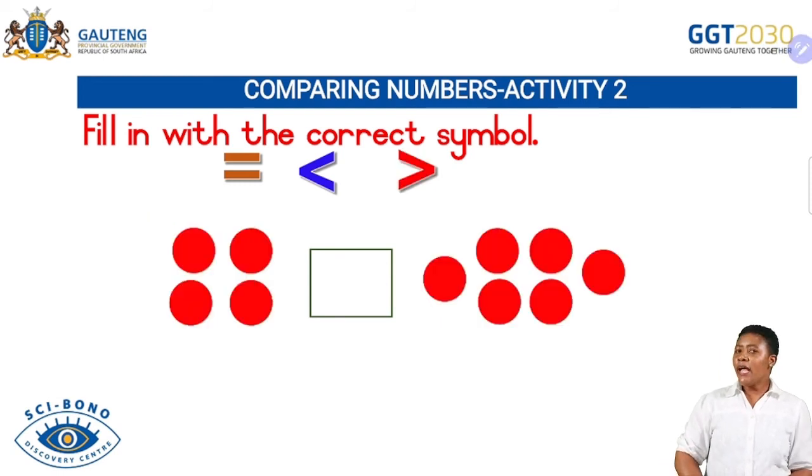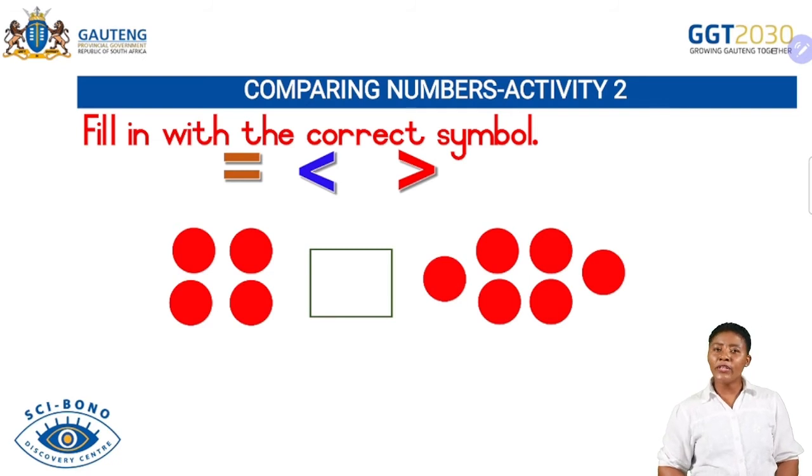And now we have the following dots. We fill in the correct symbol. Remember, we have an equal sign, the greater than sign and the less than sign. We have 4 dots on my left side. How many dots do we have on our right side? Let's count, they are 6.